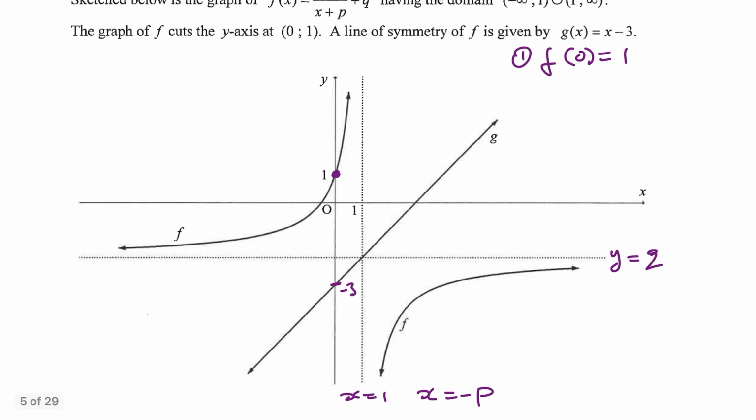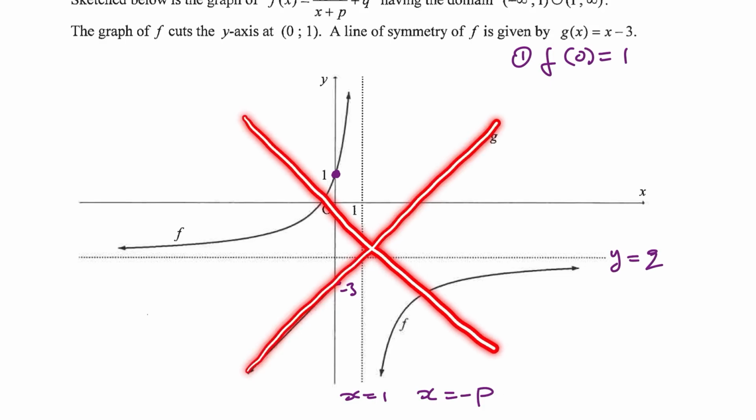From here, you are able to find p. And what else are we given? I also want you to remember that even though you're told that this function g of x is equal to x minus 3, there's something called an axis of symmetry. The axis of symmetry is this line here, and that line over here.